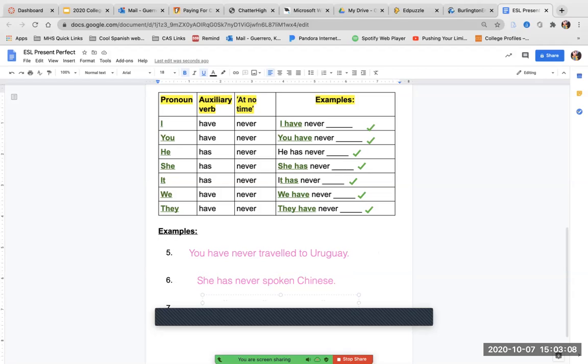And the last example we're going to have is they have never cooked fish. So some of these words might be familiar to some of you. Some of these words might not be familiar to you. But remember that we want to continue to expand our vocabulary. So my examples: you have never traveled to Uruguay, she has never spoken Chinese, and they have never cooked fish.